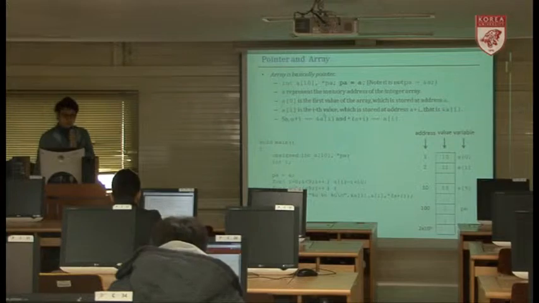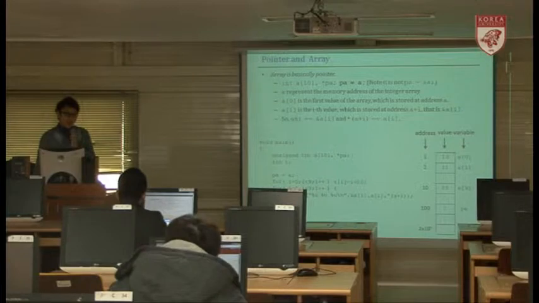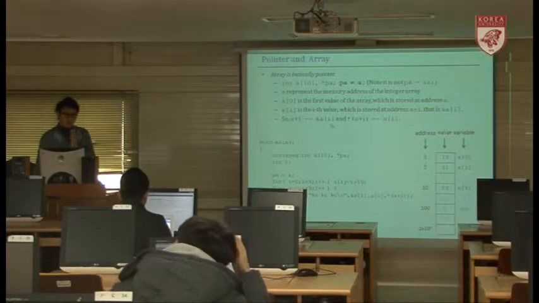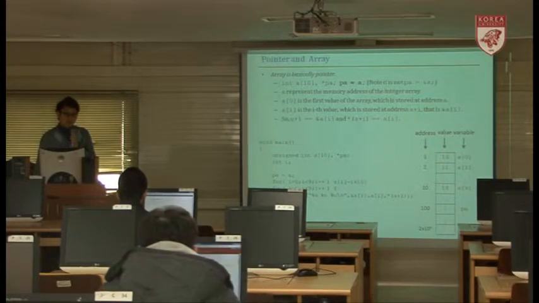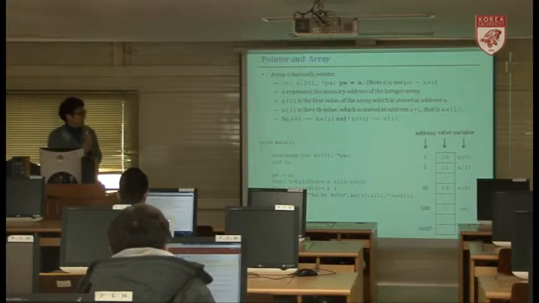Which means A plus i is the memory address of A[i]. So asterisk of (A plus i) represents the value at the address A plus i, that is equal to A[i]. That's the important relation between array and pointers.